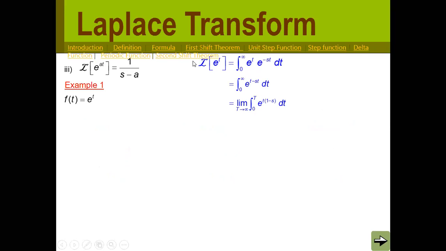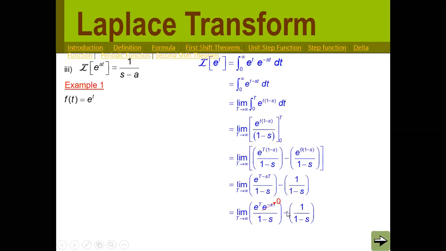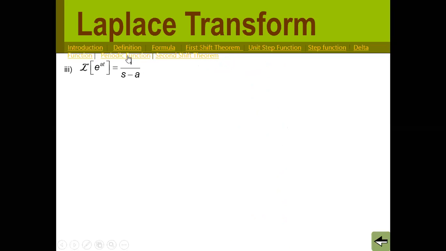The definition of Laplace is the integral from 0 to infinity of f(t) times e^(-st). f(t) is e^(at), so substitute e^(at) here. Integrating, we get the limit as t approaches infinity, the exponent approaches 0, and we get 1 over s minus a. So we just apply the concept.